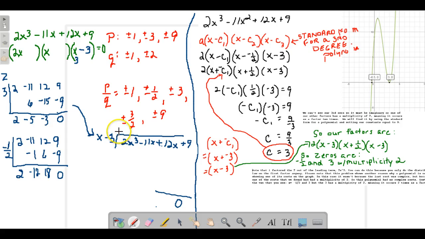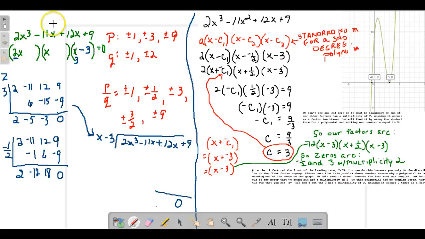That should make sense because it's got to be a fraction, after I thought about it, because we have this 2 here, and when you multiply these together, it's going to mess things up a little bit.